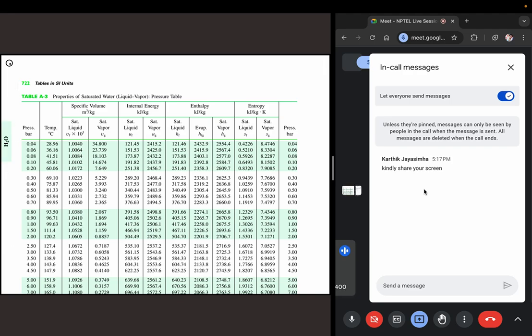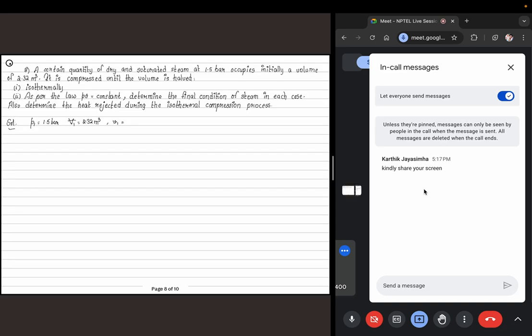It is at 1.5 bar, and it is in the dry saturated region, so you have to look up this value from here, 1.159. From both of these, we can calculate the mass of the system, that is approximately 2 kilograms.